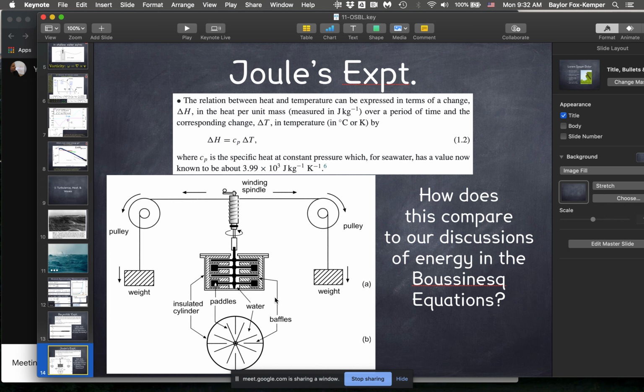So how does this compare to our discussion of energy in the Boussinesq equations in Vallis? Any guesses? What doesn't occur in the Boussinesq equations that does occur in the Navier-Stokes equations?